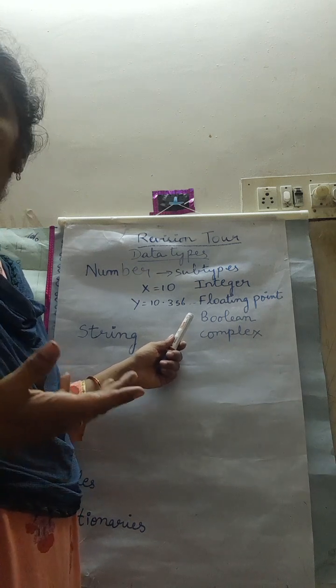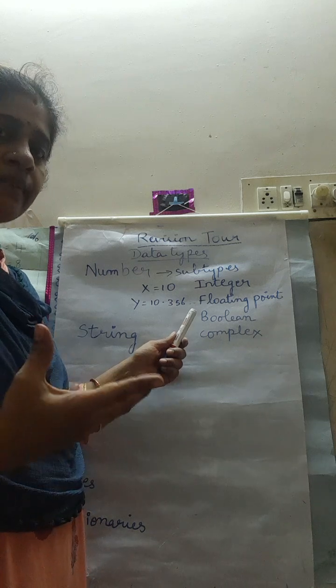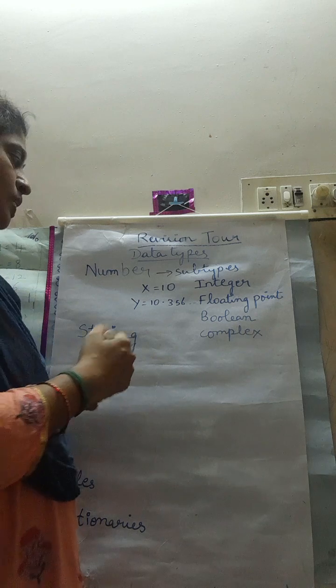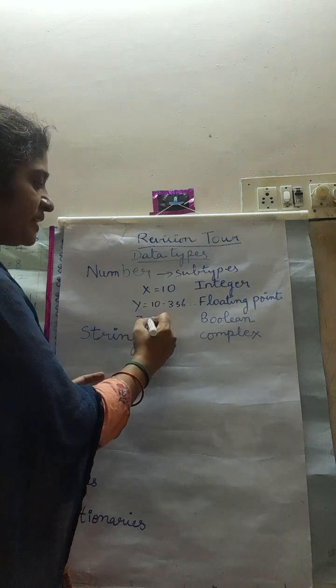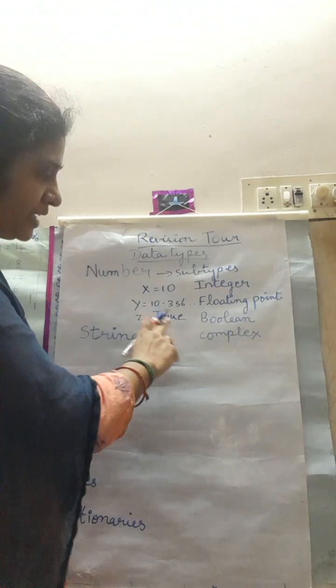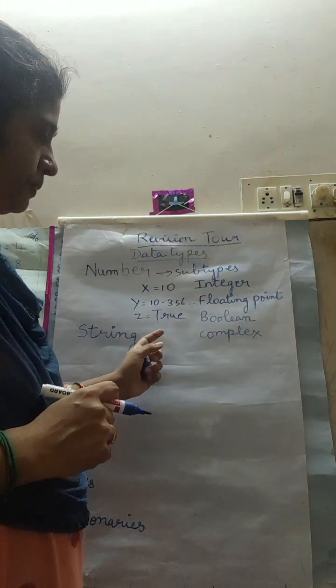Boolean values are nothing but true or false, where true means 1 and false means 0. So I can write z is equal to true, which means it is a Boolean value.